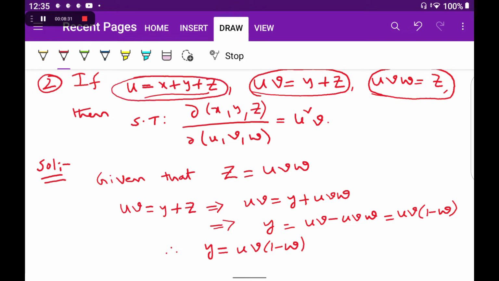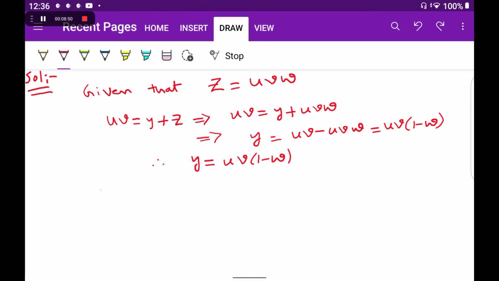Now from the first relation, u equal to x plus y plus z. What is y plus z? Y plus z is uv. Just replace y plus z equal to uv here, right? So that you can easily find out x. So from the first relation, u equal to x plus y plus z, and you can write y plus z as uv.